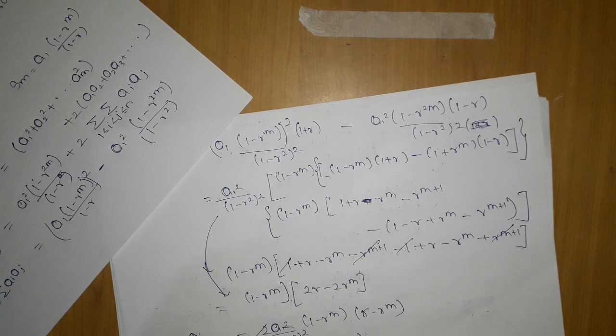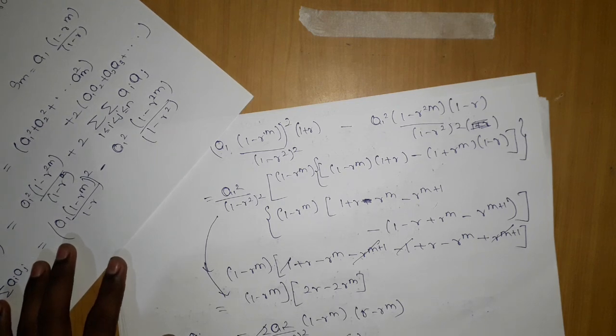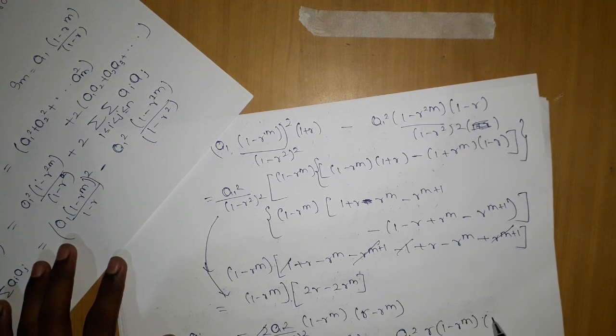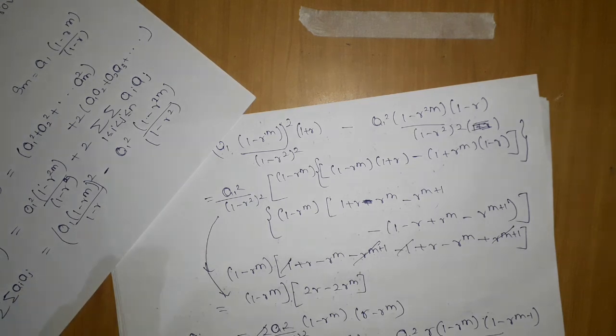Is there anything which we are missing? We can take r from here also. We are not doing many things: a1 square r (1 minus r) power m into (1 minus r) power m minus 1 thing. And the second thing is that we can write this as (1 minus r) square.